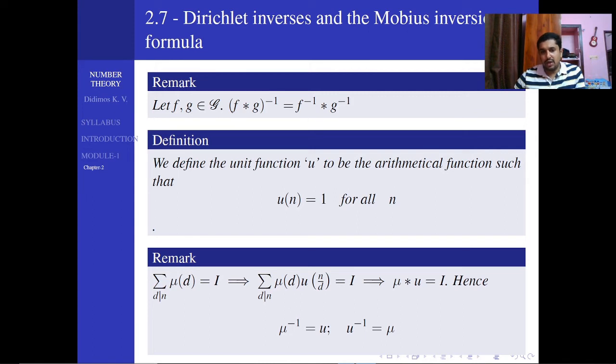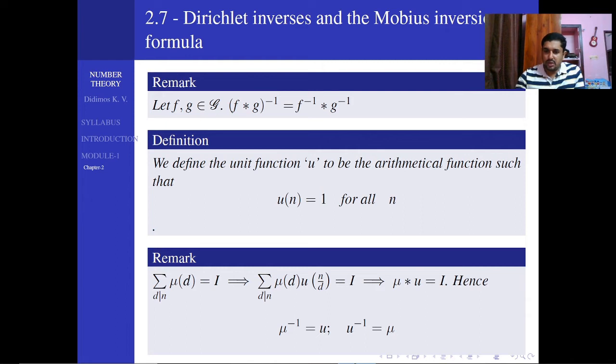U of anything is 1. So sigma over d dividing n of mu of d u of n by d is equal to I. That implies mu star u is equal to I. Hence, we can say that the inverse of mu is u and the inverse of u is mu. Both are mutually inverses.